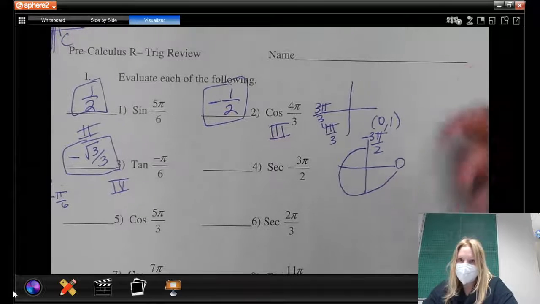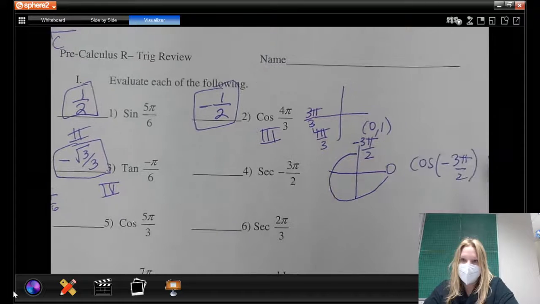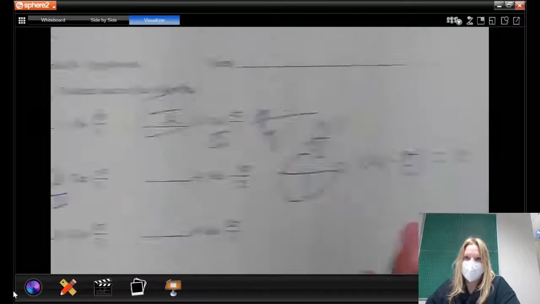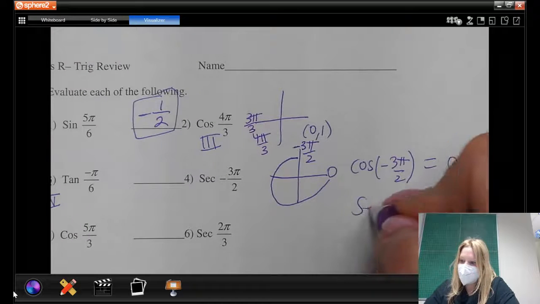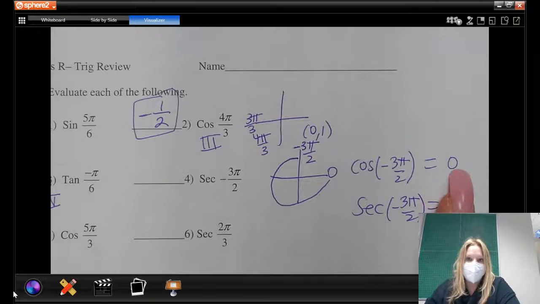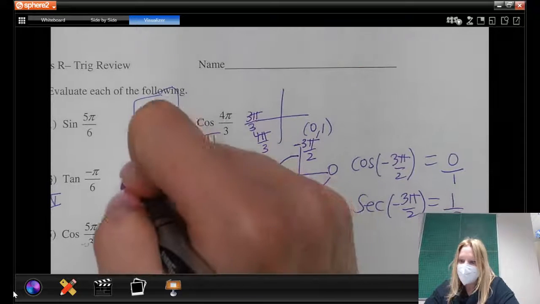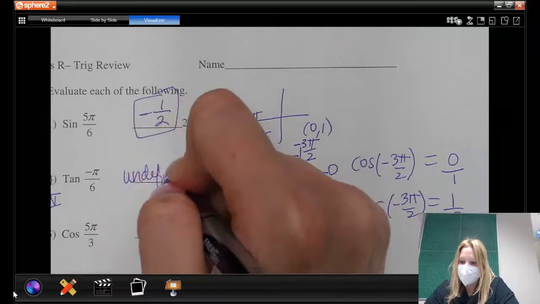So if I were doing, let's say, cos of negative 3 pi over 2, that would be 0. Sec of negative 3 pi over 2 is the reciprocal of cos. So the reciprocal of 0, you have to make that 0 over 1. That's 1 over 0, which is undefined.